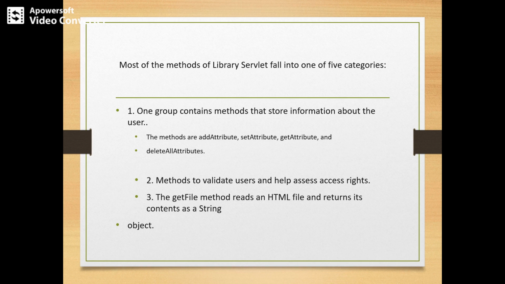Here the methods are add attribute, set attribute, get attribute and delete attribute. So one group contains methods that store the information about the user. This information includes the user ID, the type of terminal from which the user has logged in, and so on, which are stored in attributes associated with the session object.